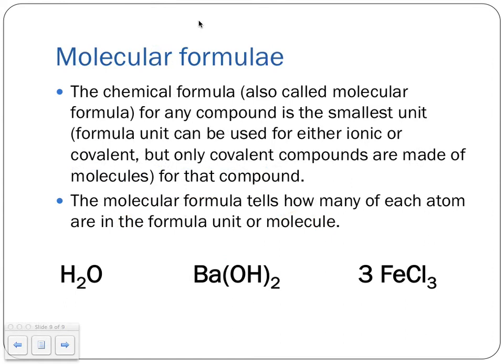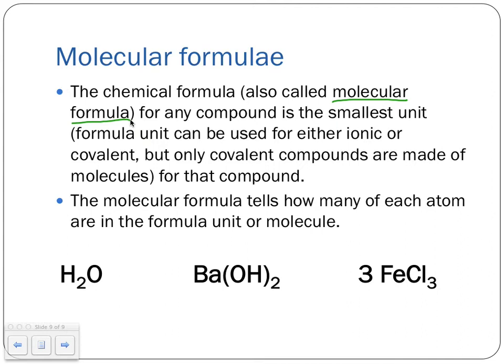So let's look at molecular formula. Let's figure out how we know how many of each type of atom are in a formula unit or in a molecule. The chemical formula is also called the molecular formula, even though technically molecular formula would only mean covalent compounds. We'll use the term molecular formula in this class to refer to both covalent and ionic substances.